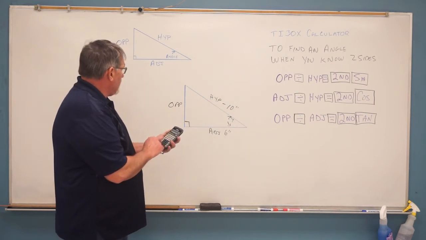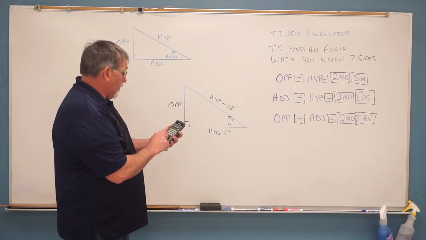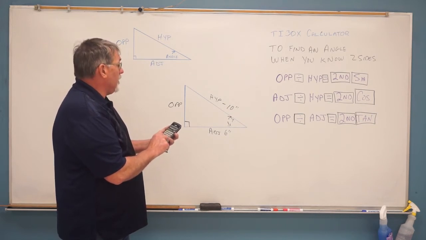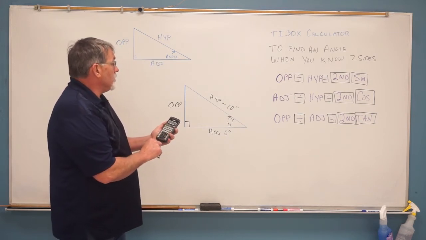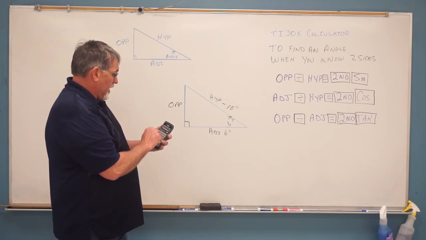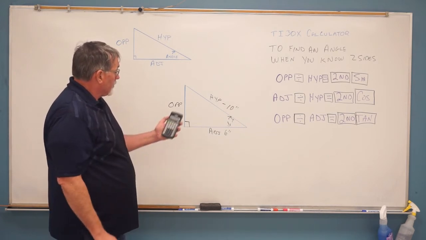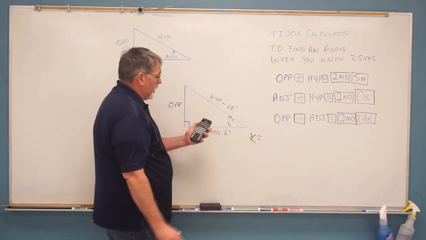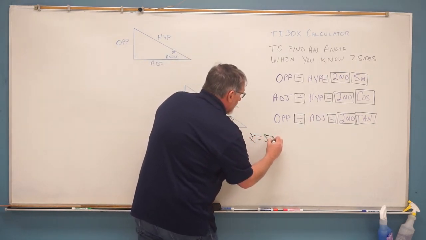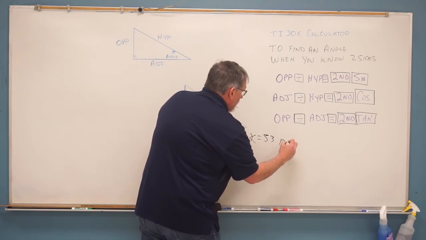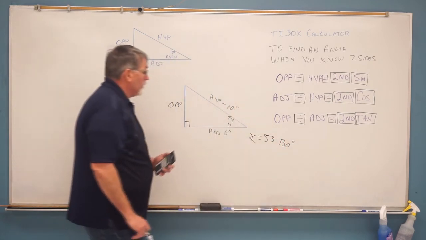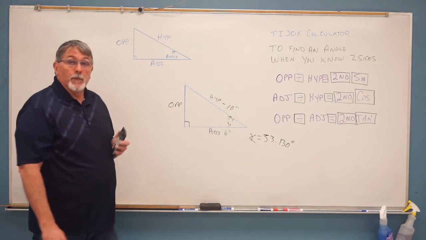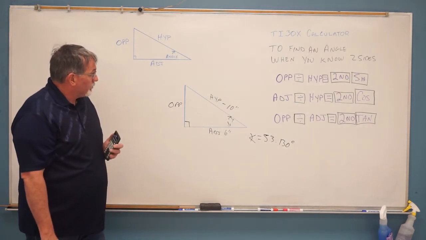So our adjacent is going to be 6 inches divided by our hypotenuse, which is 10 inches, equals second cosine. So in this problem, our angle is going to equal 53.130 degrees. So now our angle is 53.130 degrees.